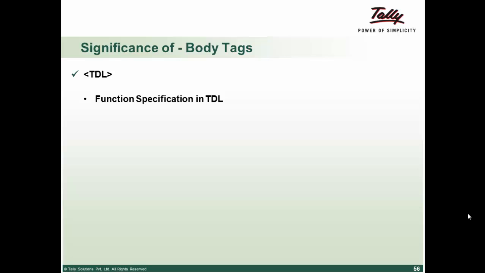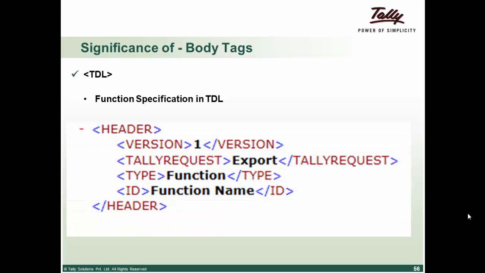And the function specification in TDL, as you can see in the template, the Tally request is export, type is function, and ID is the name of the function. Again, this function tag has to come inside the TDL tag.